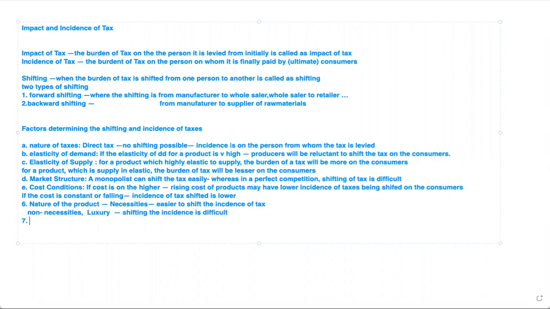Seven. Next is going to be time period. Time period again is going to be short run. It is difficult. Correct? Shifting the incidence of tax on the ultimate consumers in the short run is difficult.